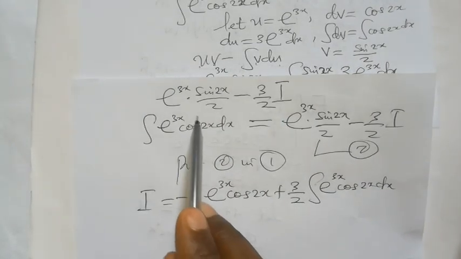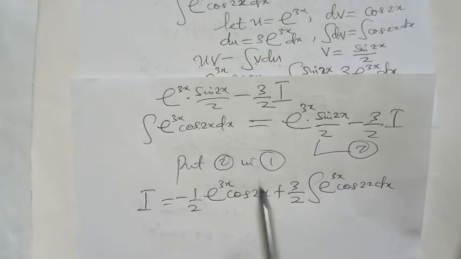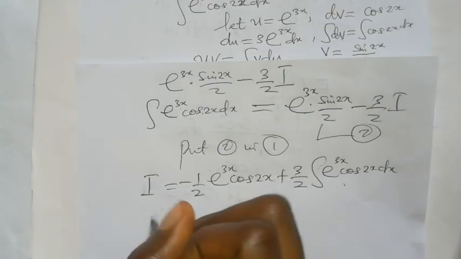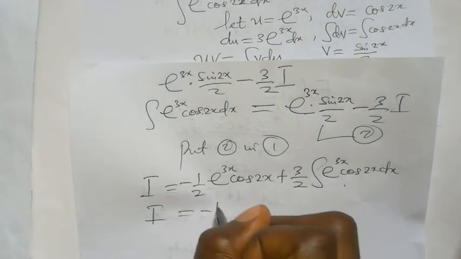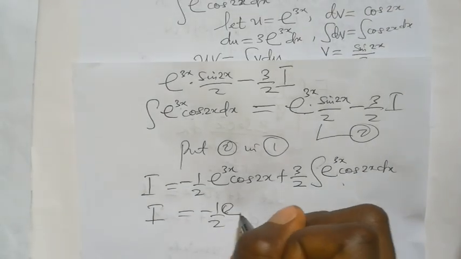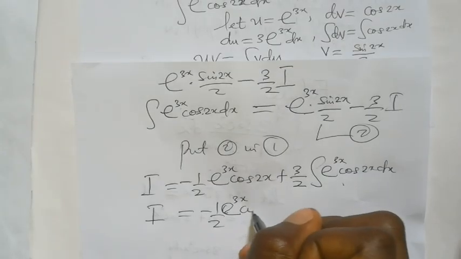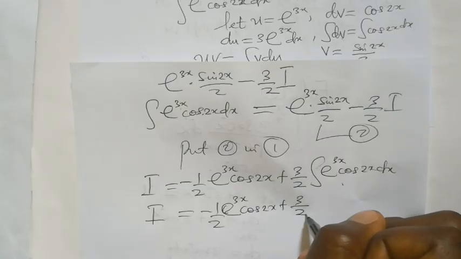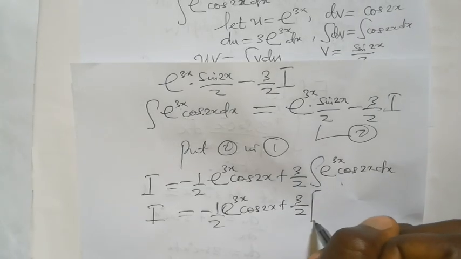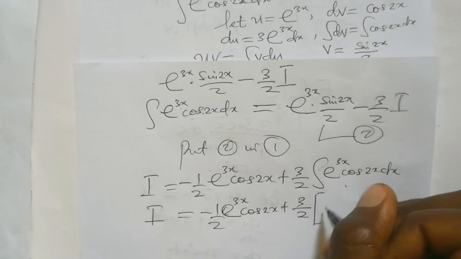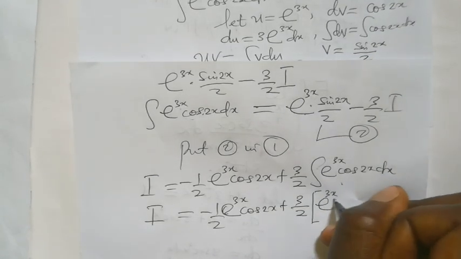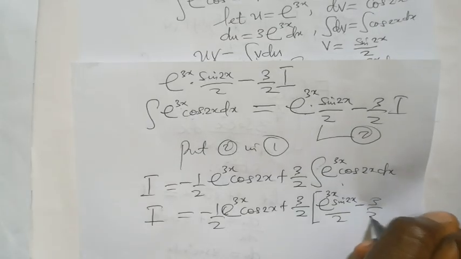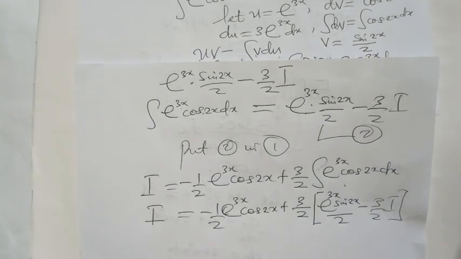So in place of this, I'll substitute this here. So now we are going to have my I is equal to minus 1 over 2 e to the power of 3x cos 2x plus 3 over 2, then I'll put a bracket. So we are going to have e to the power of 3x sine 2x all over 2 minus 3 over 2 I. You get it?